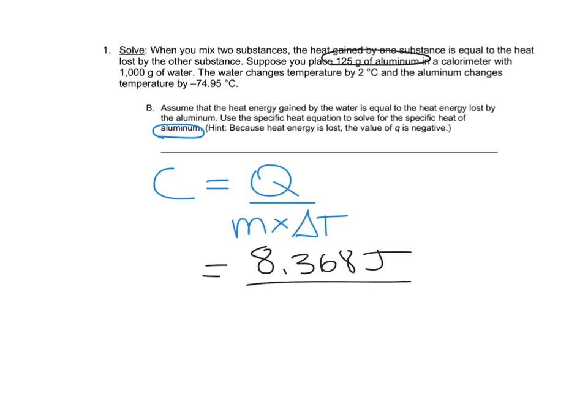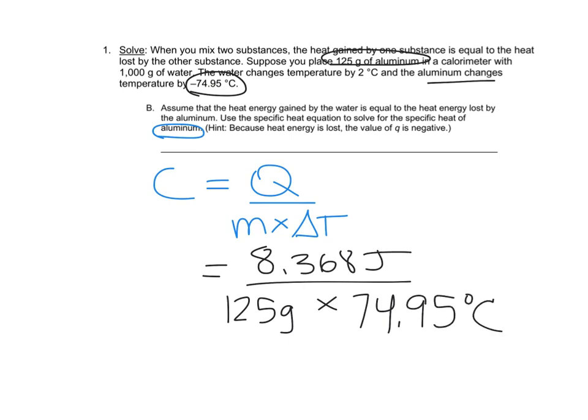Up here we have 125 grams of aluminum. And then we also need to know the change in temperature. It says right here, the aluminum changes temperature by negative 74.95 degrees. So we are going to put 74.95 degrees Celsius.